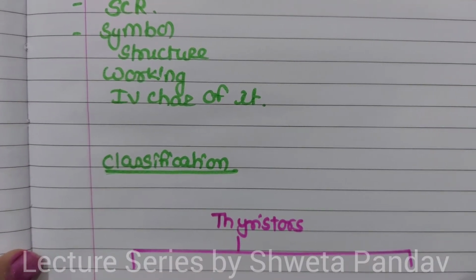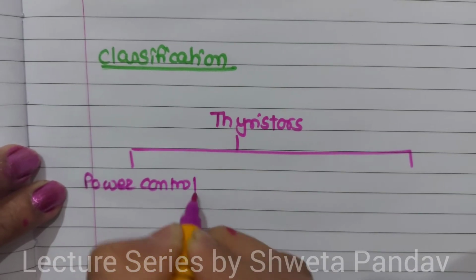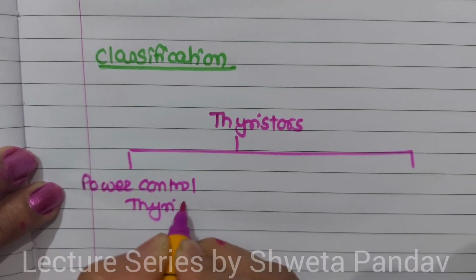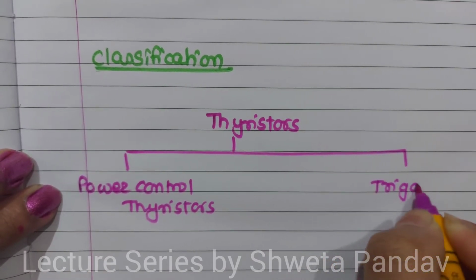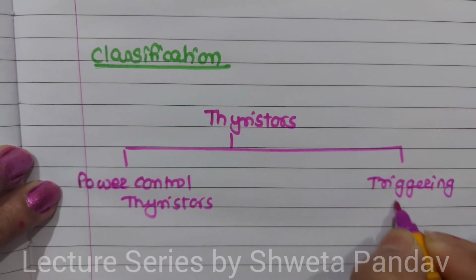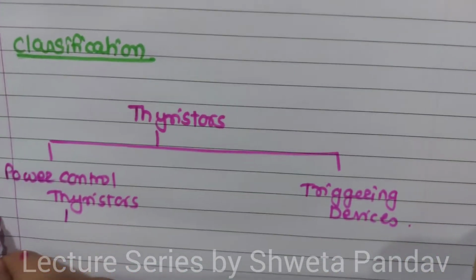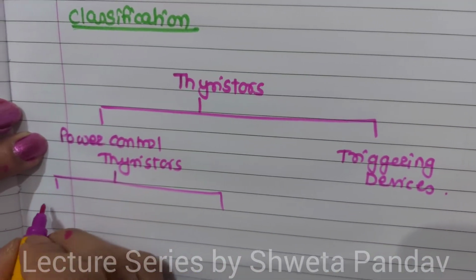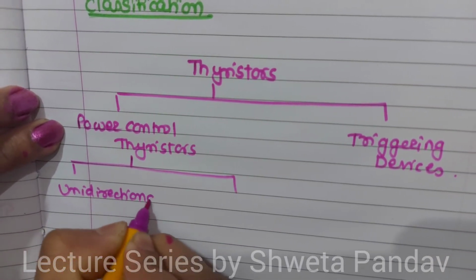First one is power control thyristors and triggering devices. The power control thyristors are divided into two: unidirectional devices and bidirectional devices.